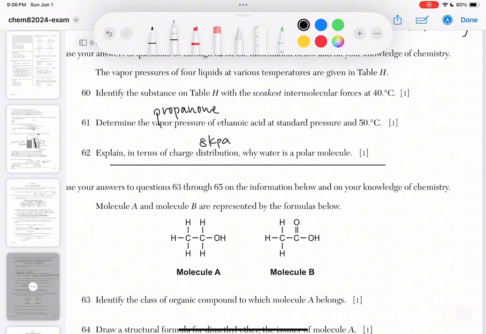And then charge distribution: water is polar. Oxygen has an electronegativity of 3.4, and hydrogen is 2.2. So the hydrogen will be partial positive, and the oxygen will be partial negative, because it's more electronegative.